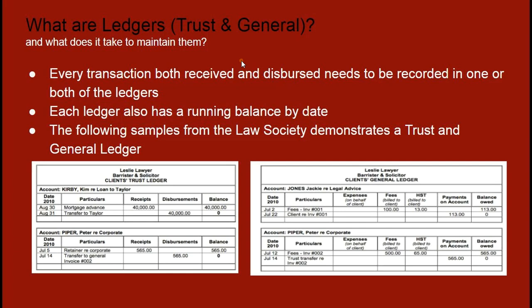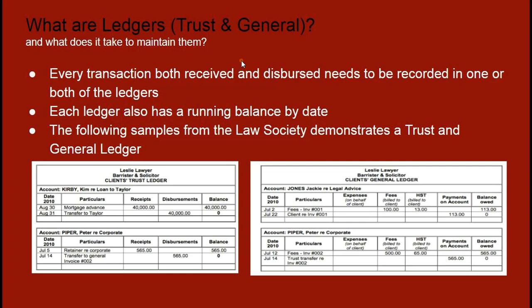That particular financial transaction pertaining to a client's matter now becomes a point of interest within this one document called the trust ledger. What is required to be captured is the date on which that transaction occurred, right? It's a real-life transaction, so it happened on a particular date. Then the reason for that particular transaction: why did that money come into your trust account? And that's what they're asking for in particulars.